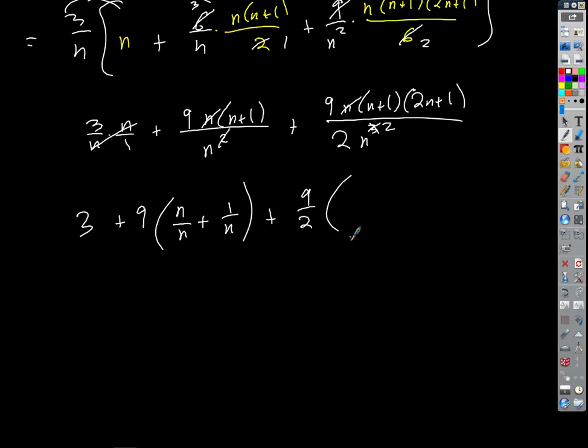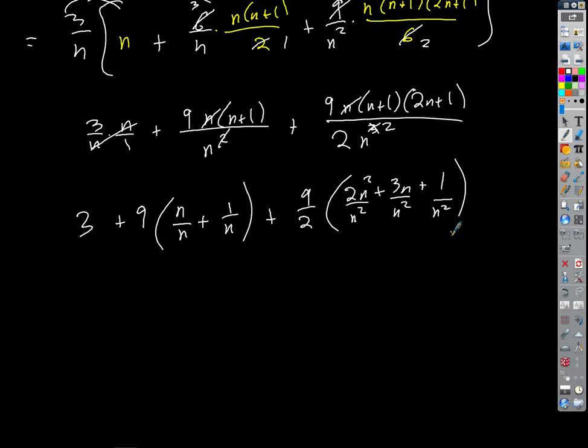What's that going to be? 2n squared plus n plus 2n, plus just 3n, plus 1, over n squared, because I've got a common denominator of n squared.